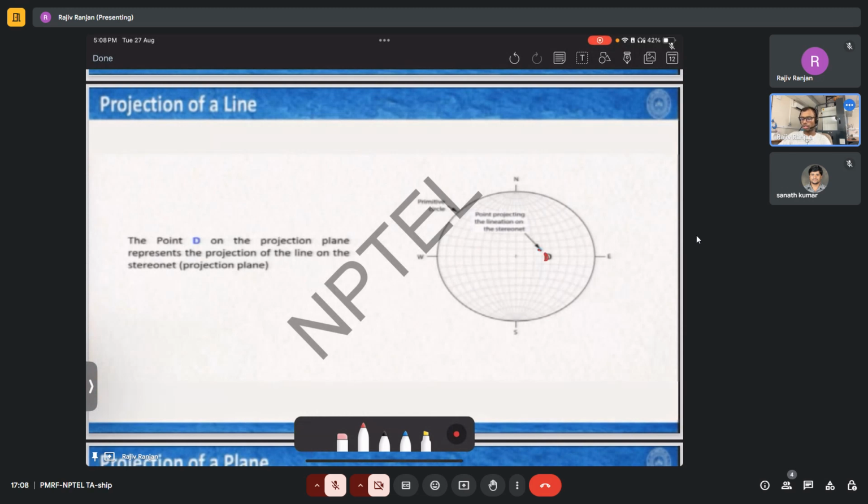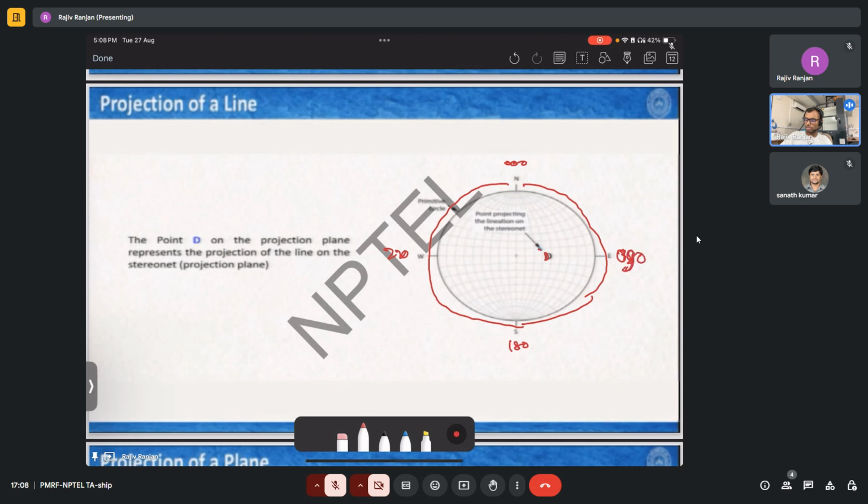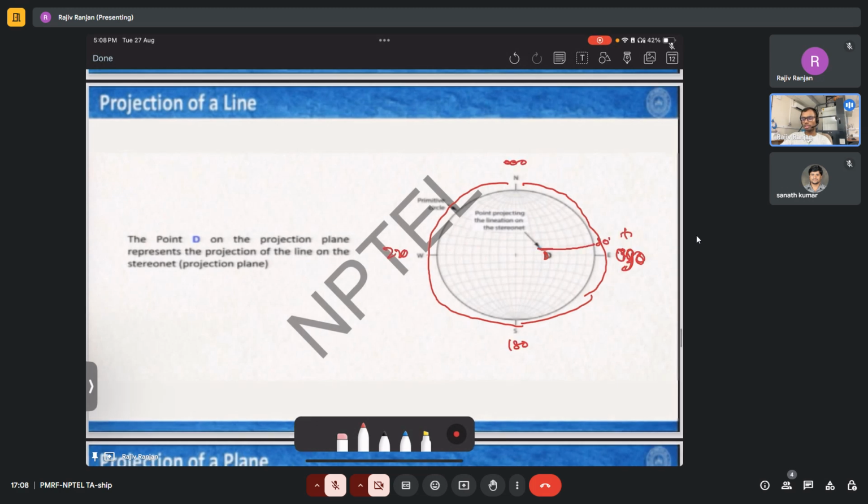There are two things here. This gives the bearing or the trend, 000, 090, 180, 270. If you see, this is lying somewhere around 80 degrees, so the trend of this lineation is 80 degrees.